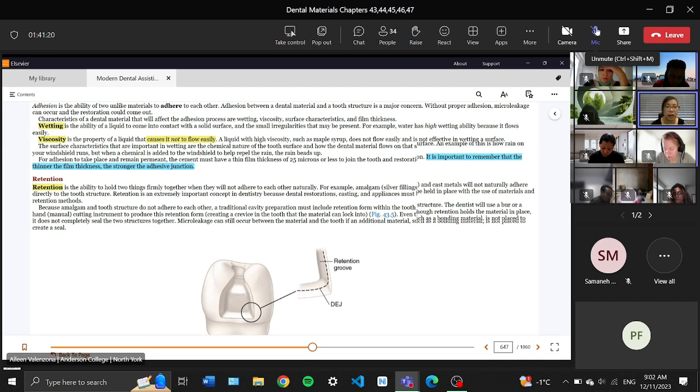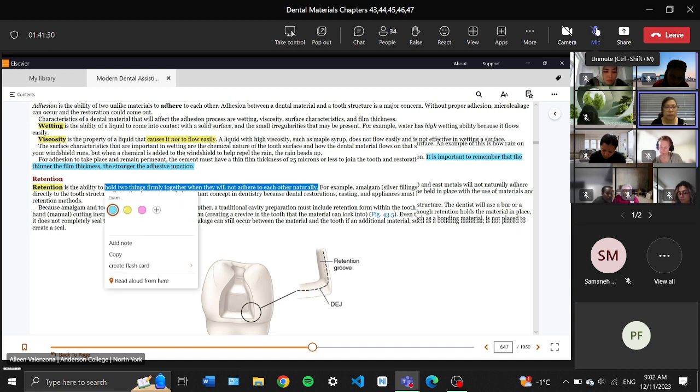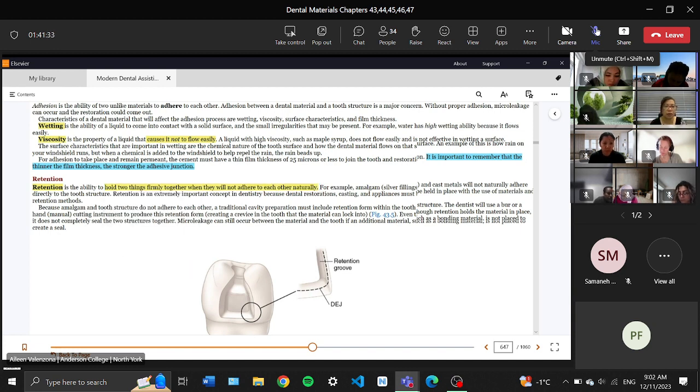So retention means to hold two things firmly together, and you will hear a lot about retention in dentistry. Maybe the retention is not so clear, maybe the retention is not too strong. We need retention.